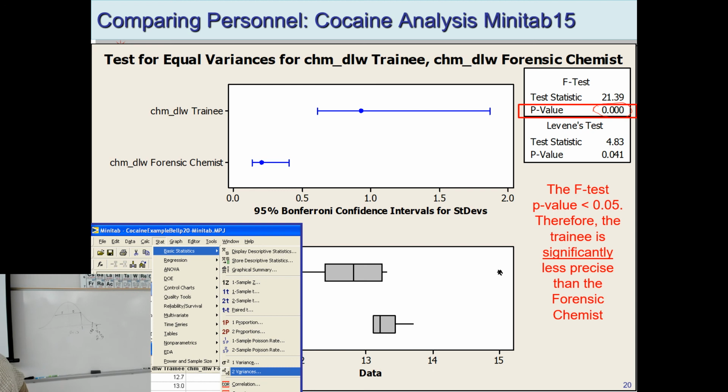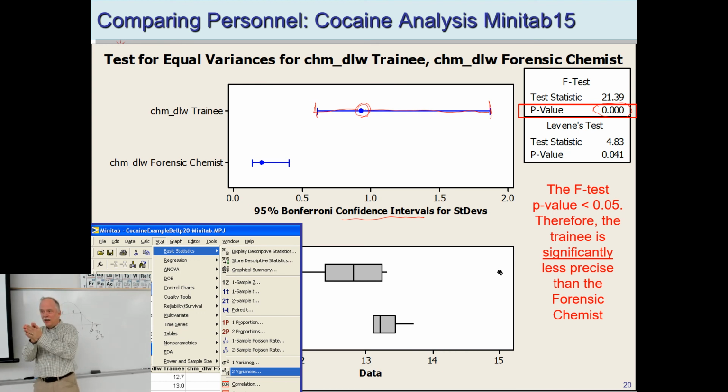I don't know some of these things, like I don't know what the Bonferroni confidence interval is for the standard deviations, but I do know what a confidence interval is, right? And so here's the trainee's standard deviation, and this is the actual confidence interval for that standard deviation. So don't let that blow your mind, okay? We've been doing confidence intervals around a mean.